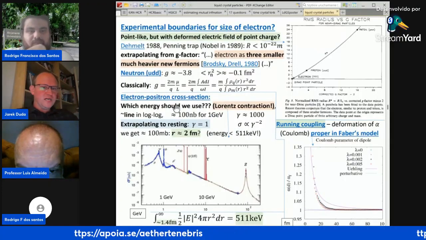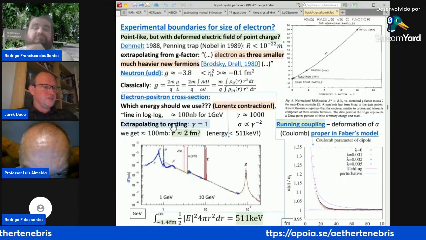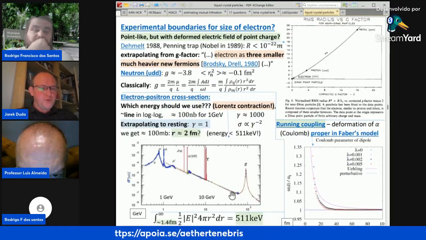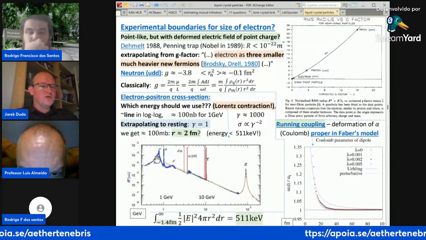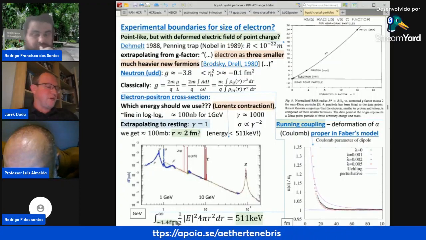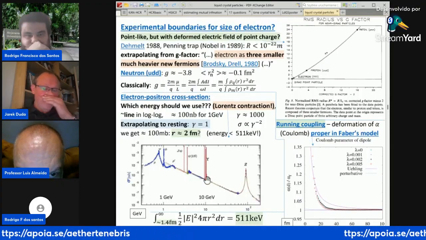If we do it, we get about 100 millibarns. So it means about a 2 femtometer distance. Indeed, if we extrapolate this line to a resting electron plus positron, we get the required distance not to exceed the mass of the electron with the energy of the electric field alone. Yeah, so everything seems to agree.